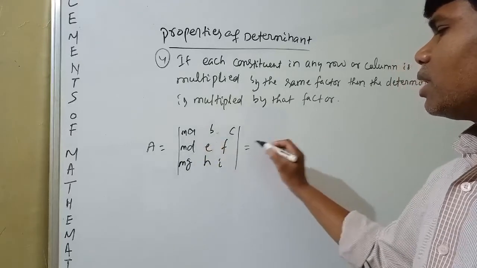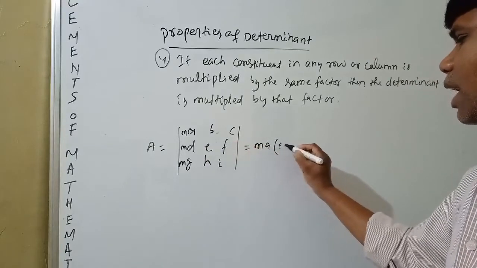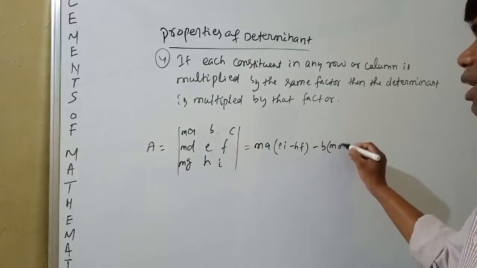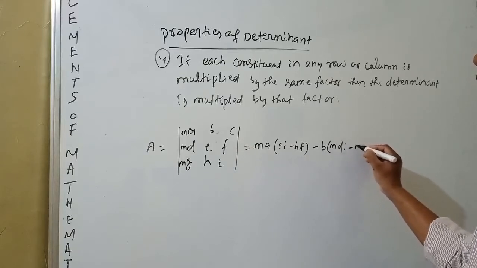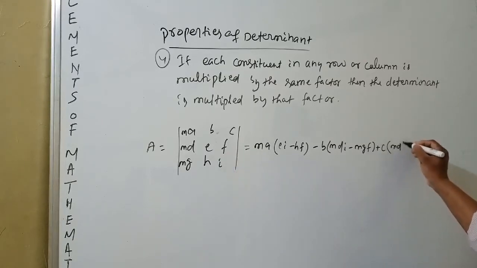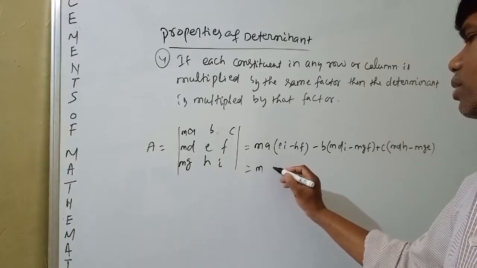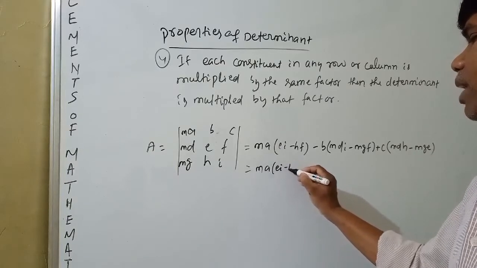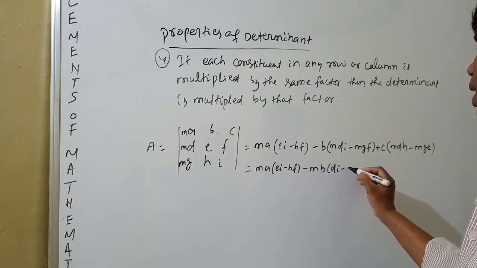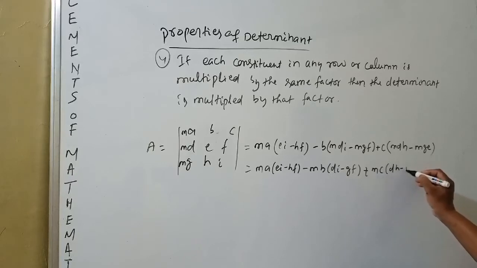That means the determinant is equal to M into A(EI minus HF) minus B(DI minus GF) plus C(DH minus GE).